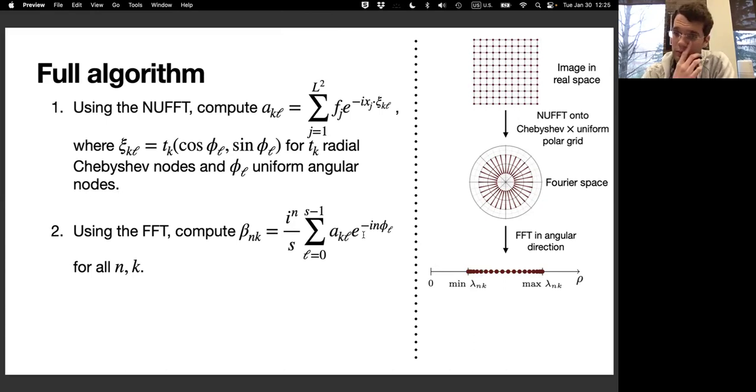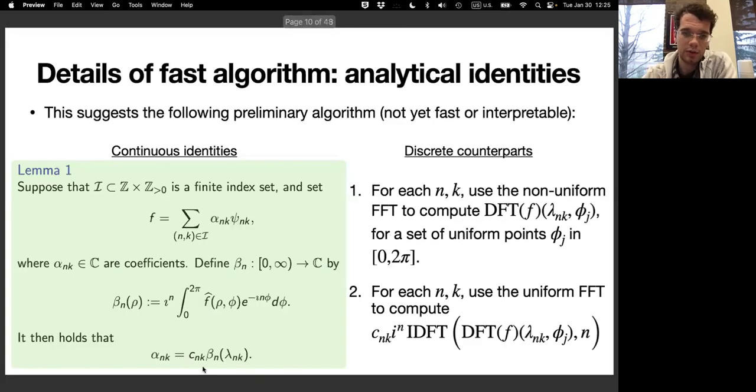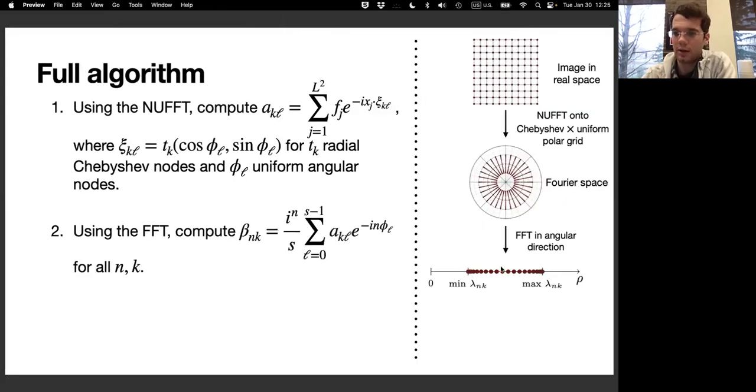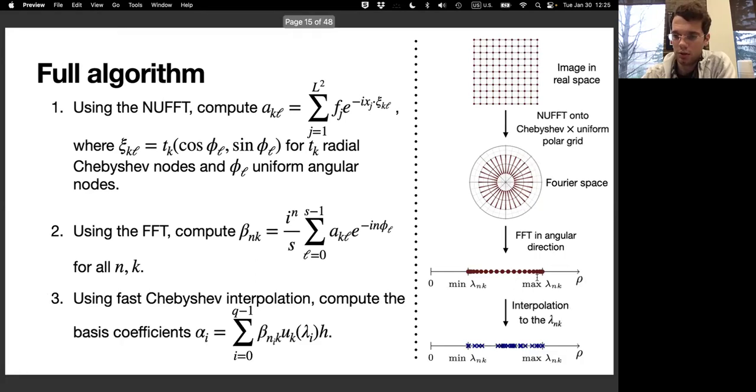I go back, sorry, what we want is beta evaluated not at Chebyshev points, but at these special points lambda and k. So the last step of the algorithm goes from beta evaluated at these points to beta evaluated at the lambdas that we care about.